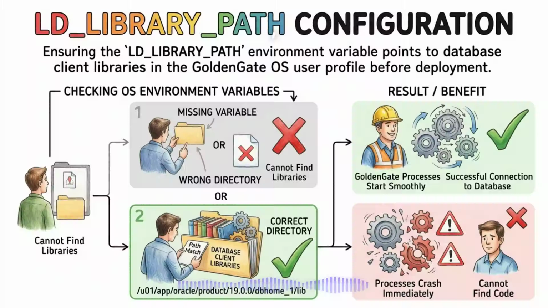In addition to saving your logs, you must also enable a setting called supplemental logging inside your source database. By default, a database only writes the bare minimum amount of information to its transaction logs to save space, which is often not enough for GoldenGate to identify unique rows.